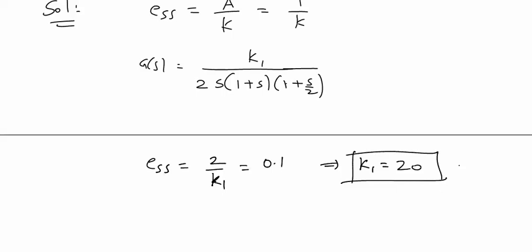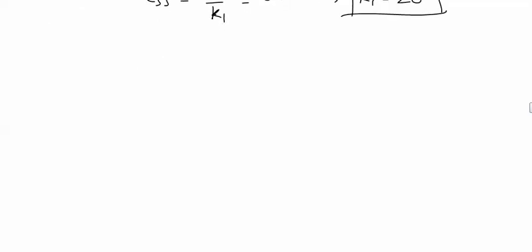Next, okay, we'll take this problem and then we will move on to the next topic. This is the last problem of this topic. So here a closed loop transfer function is given.